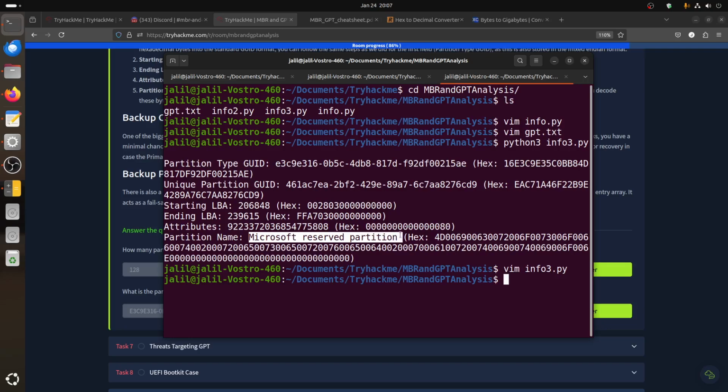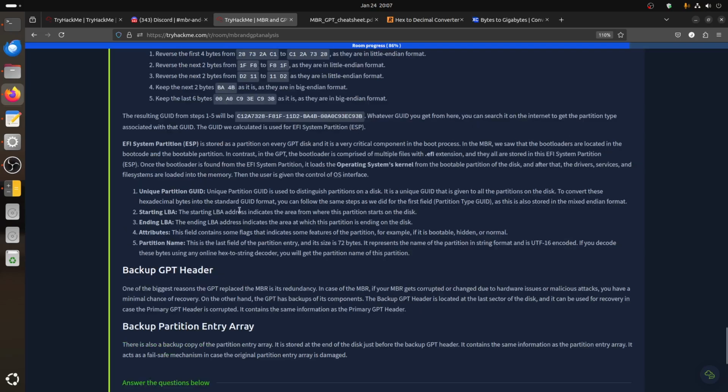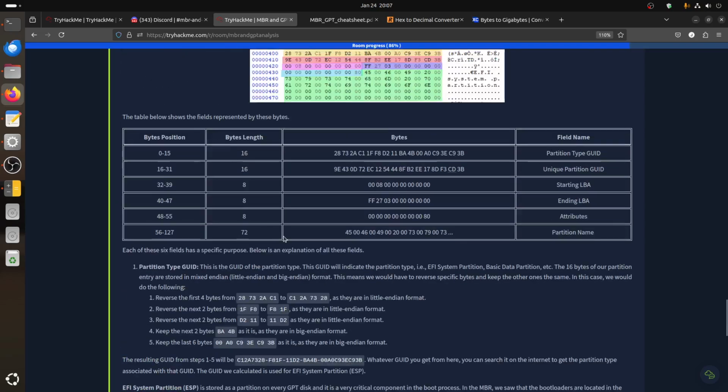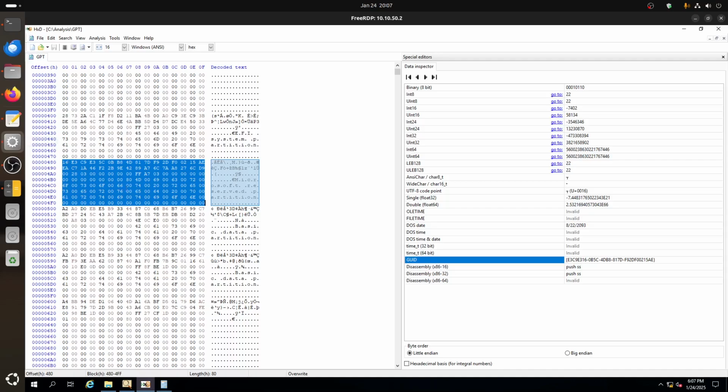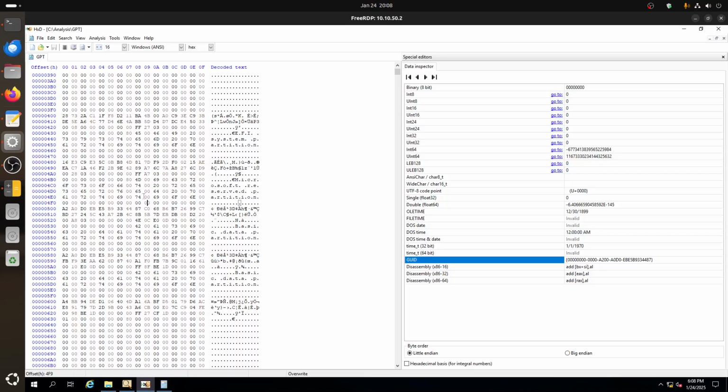Is there a question about the name? Microsoft reserved partition, that's the name of the partition. Remember, the name of the partition is the last field. The partition name starts from byte 56, and I get confused about where to get 56 from.